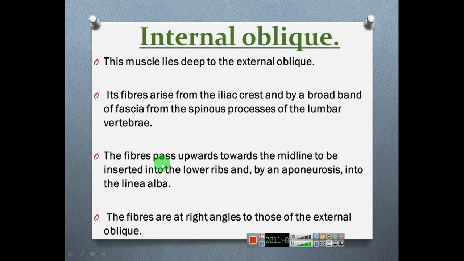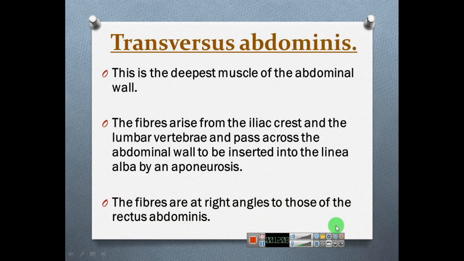The fibers pass upwards toward the midline to be inserted into the lower ribs and by an aponeurosis into the linea alba. The fibers are at right angles to those of the external oblique.